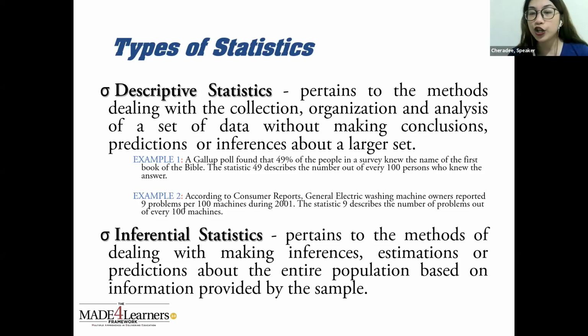You may say that male is higher than female in terms of blah blah blah. That's inferential. Or it could be that the high school students are lesser in blah blah blah than elementary students. So there's already a conclusion.